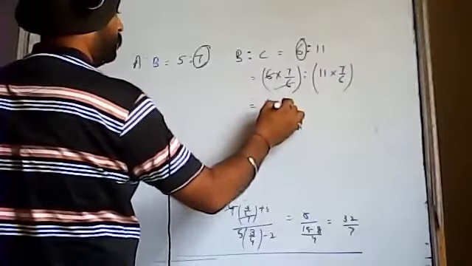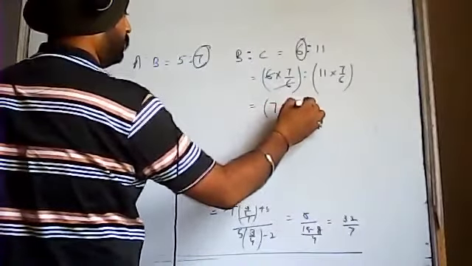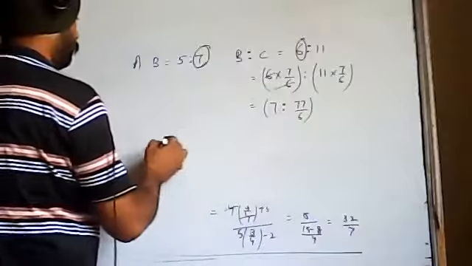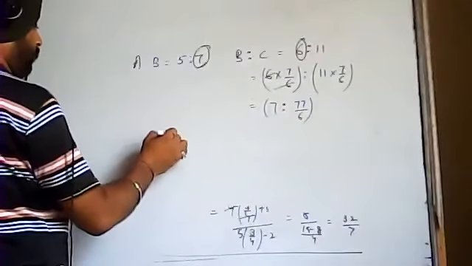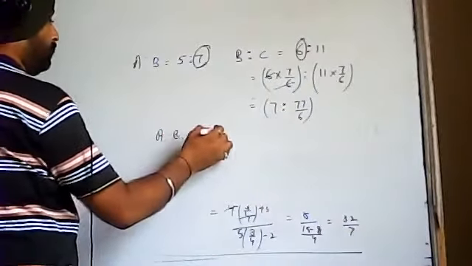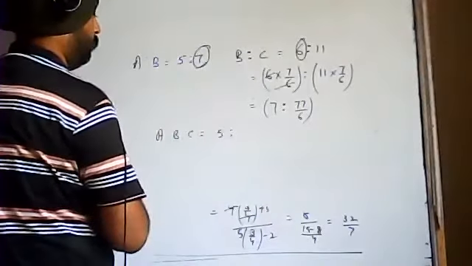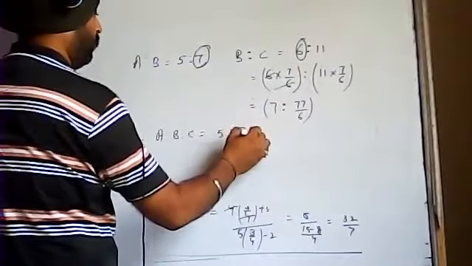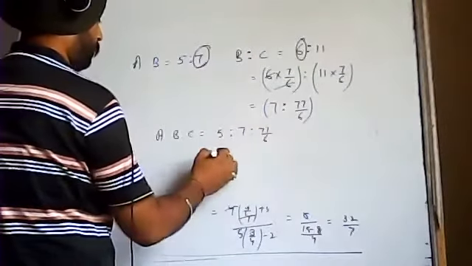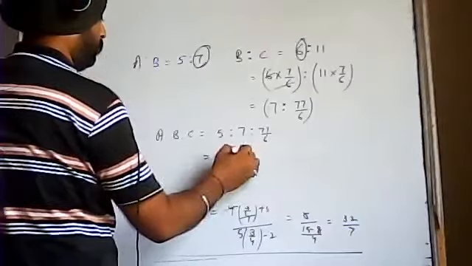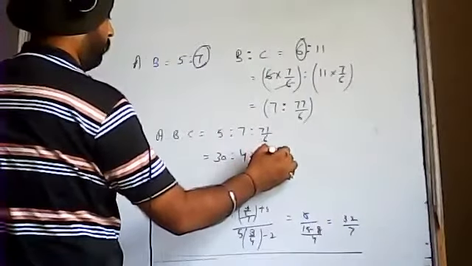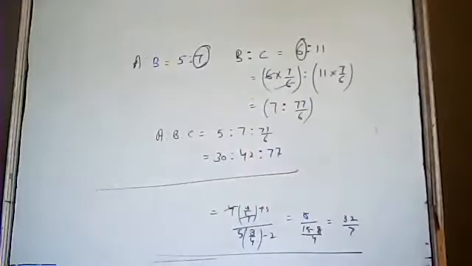This is 7:77/6. Therefore, A ratio B ratio C is equal to 5:7:77/6. This is 30, 42 and 77. Very easy in finding. The students here know, we also got this wrong ourselves.